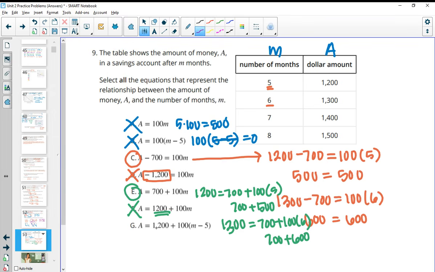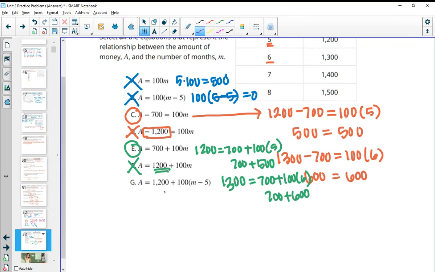And then that final one is saying 1200 plus 100 times M minus 5. So 1200 plus 100 times our month 5 minus 5. And remember, the amount for this one is 1200. It's that first one here. So 1200 equals 1200 plus 0. This is 0, so that's true.